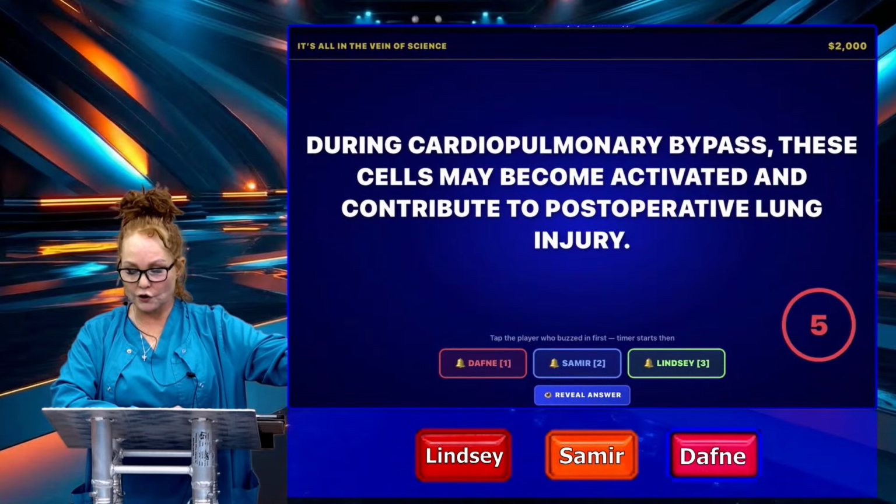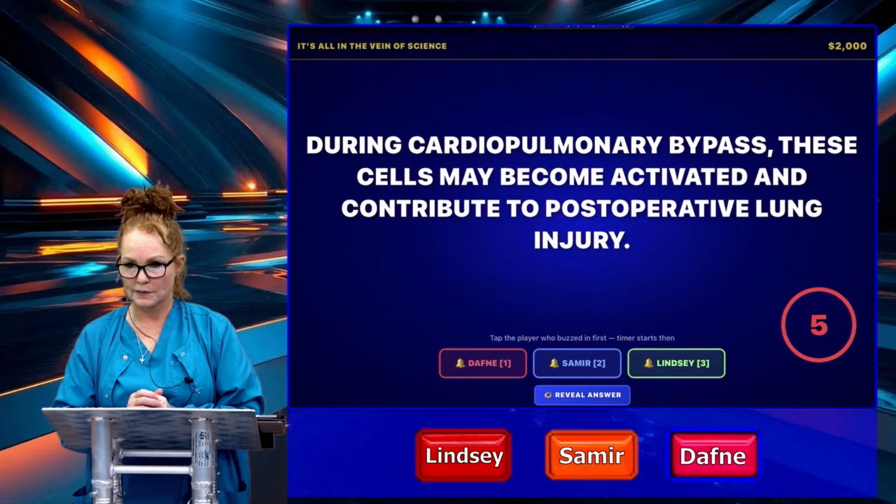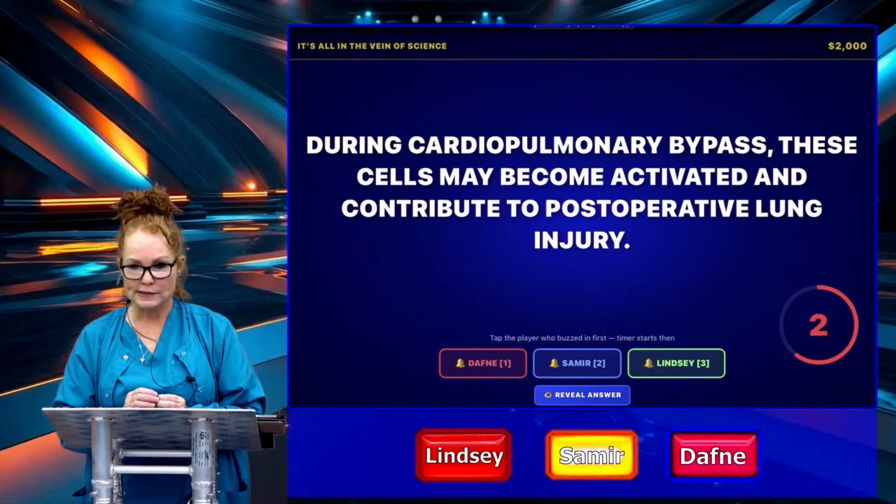Okay, Samir. Let's go with it's all in the vein of science for 2000. During cardiopulmonary bypass, these cells may become activated and contribute to postoperative lung injury. Samir, what is complement? I understand.